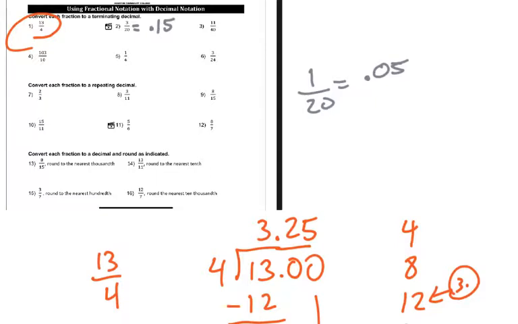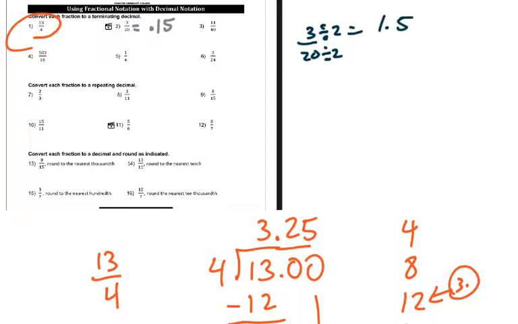Another way you could do this, if you wanted to be slick, is to divide both of these by 2. 3 over 2 is just 1.5. Just think, if you have $3, you cut it in half. I'll get 1.5 over 10. And earlier we said what the rule is when you have a 0: you just move the decimal place over and you get 0.15. So that's another way of solving it.